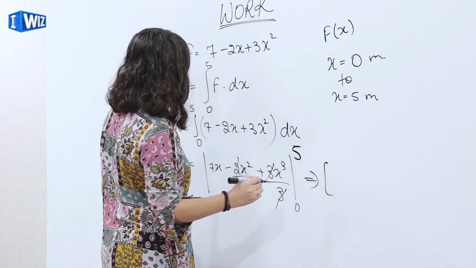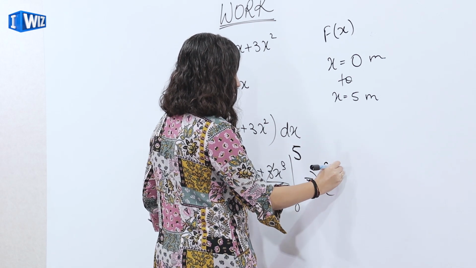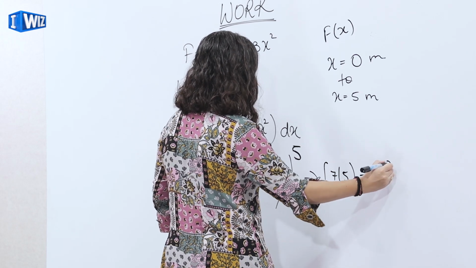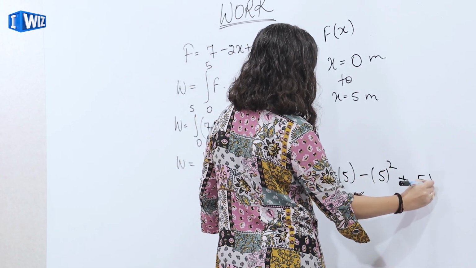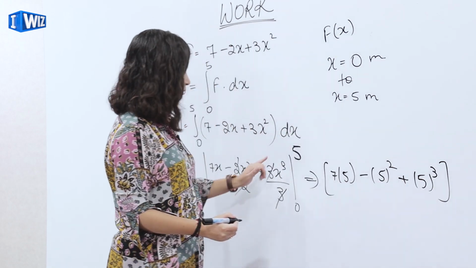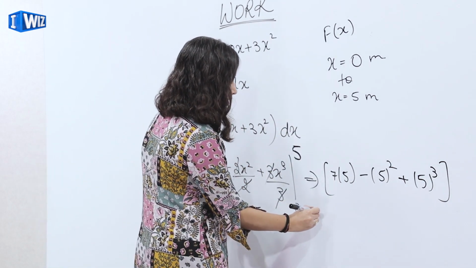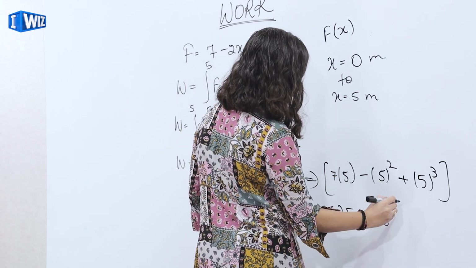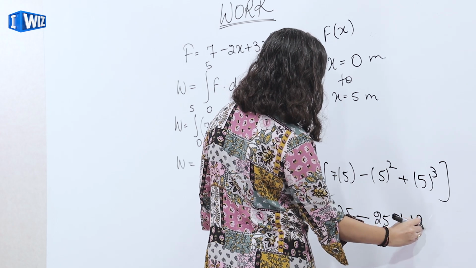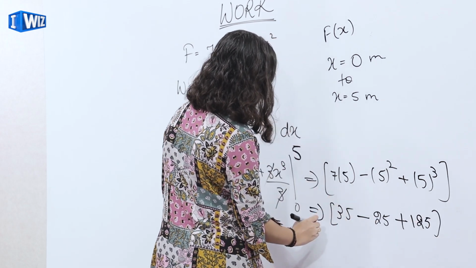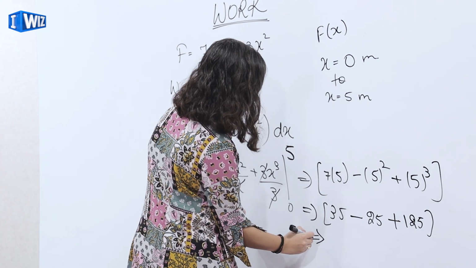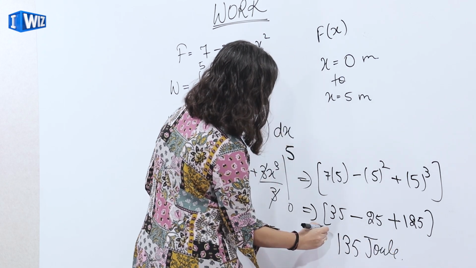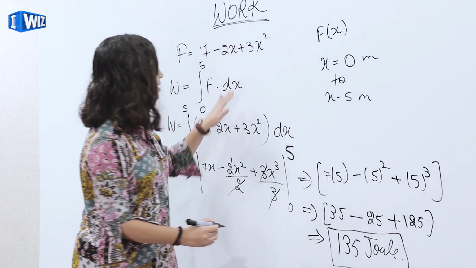On substituting the limits, I will get 7 into 5 minus 5 square plus 5 cube, which is equal to 35 minus 25 plus 125, which is equal to 135 joule. So this is the work done by this force.